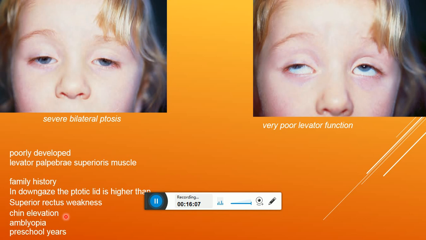They are more frequently responsible for amblyopia than the ptosis. Treatment should be carried out during the preschool years once accurate measurement can be obtained, but may be considered earlier in severe cases to prevent amblyopia. Usually surgery is levator resection.